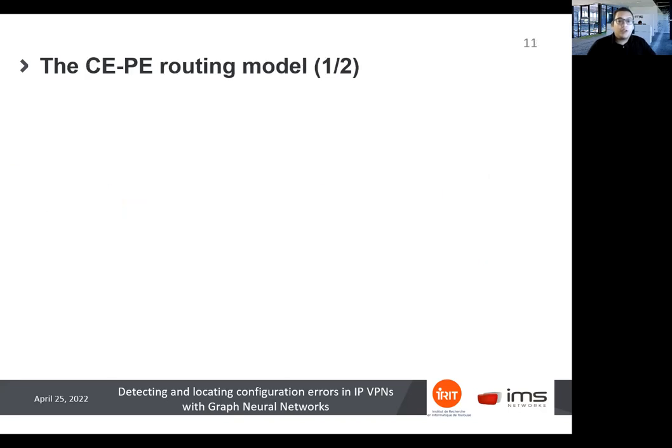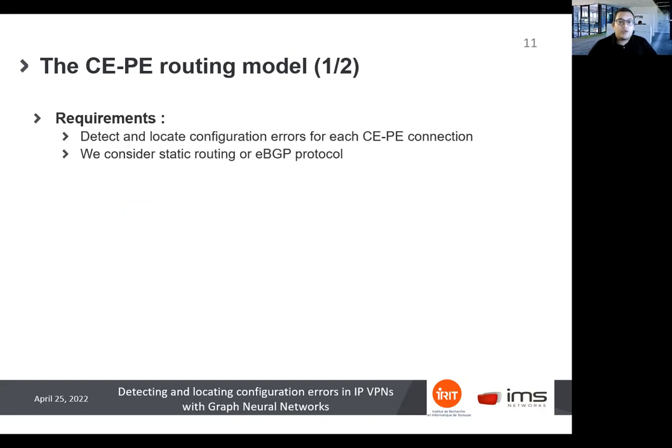For the CE-PE routing model, the objective is to detect and identify the CE-PE routing configuration errors. We consider that the routing can be static or rely on the external BGP protocol. We modeled each CE-PE connection as a graph containing 2 nodes.